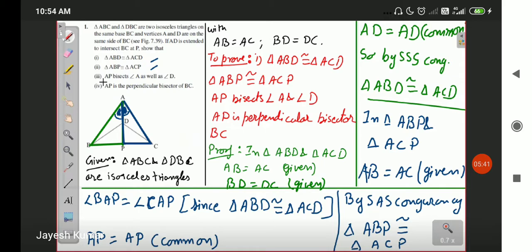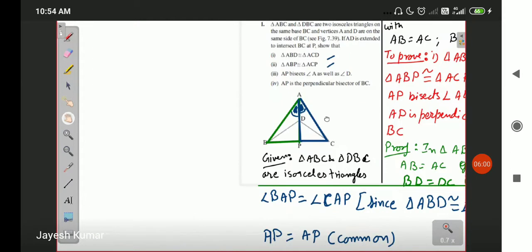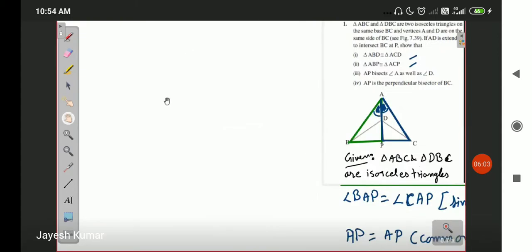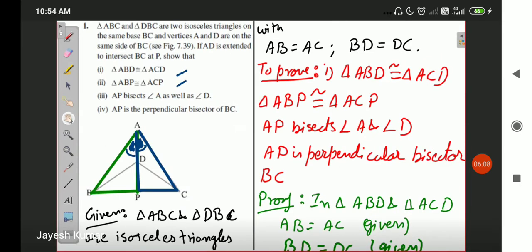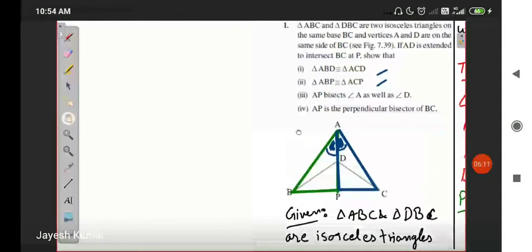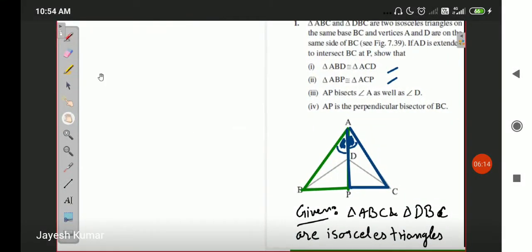Let us prove that AP bisects angle A, and after that we'll prove that AP is the perpendicular bisector of BC, and finally I will prove that AP is the bisector of angle D. I'm moving in a bit so that we can clearly understand what is going on. Let me make a partition first of all.